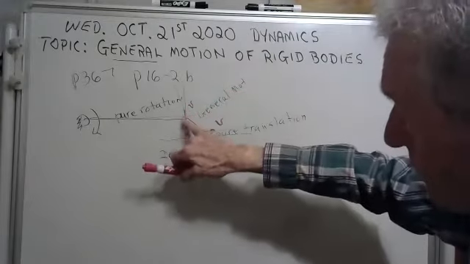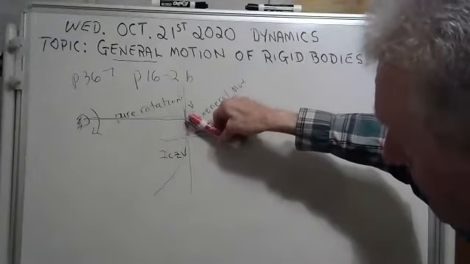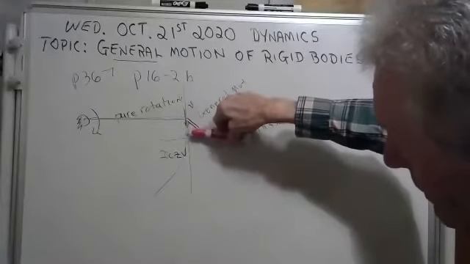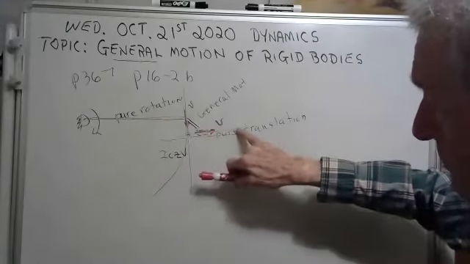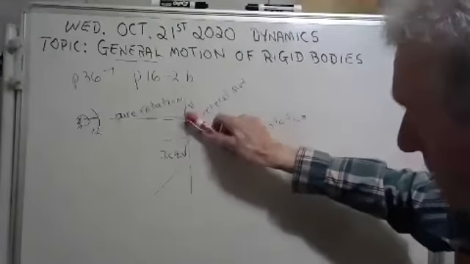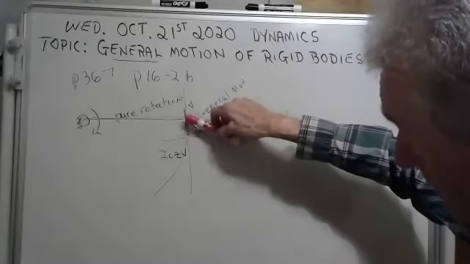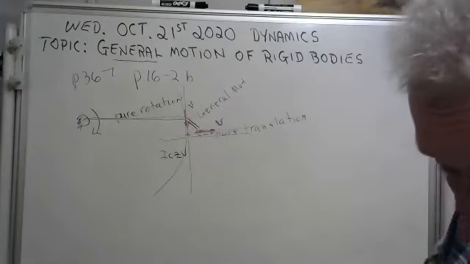See, this point here is going to rotate down to here, and the connecting rod is rotating counterclockwise, and this point on the connecting rod is moving to the right. This point here on the connecting rod is moving straight down at that instant. And I hope that made sense.